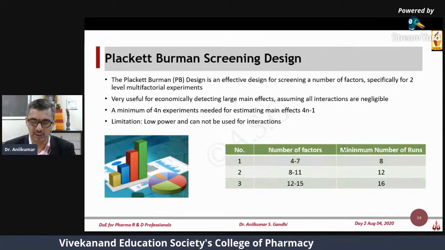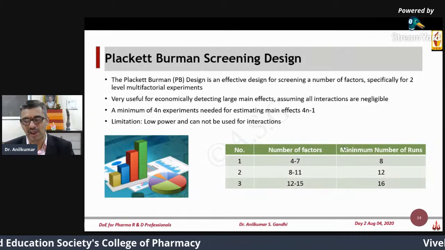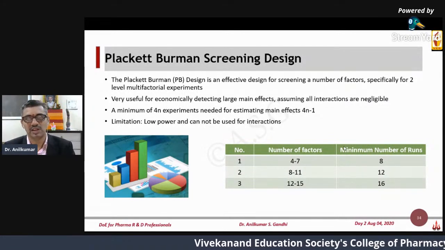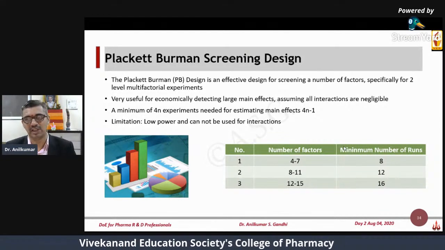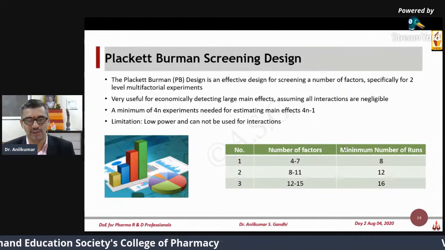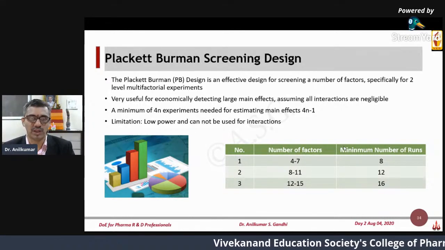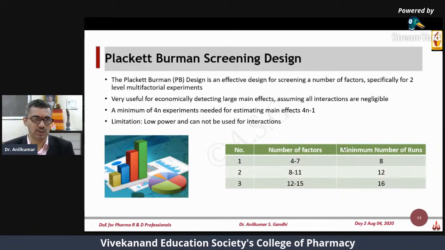Now, in fractional factorial, the design is given by the term 2 raised to power k minus p. Here, the design is given by very different things. You have to select straight away the Plackett-Burman design, and you have to give the number of factors that you have.